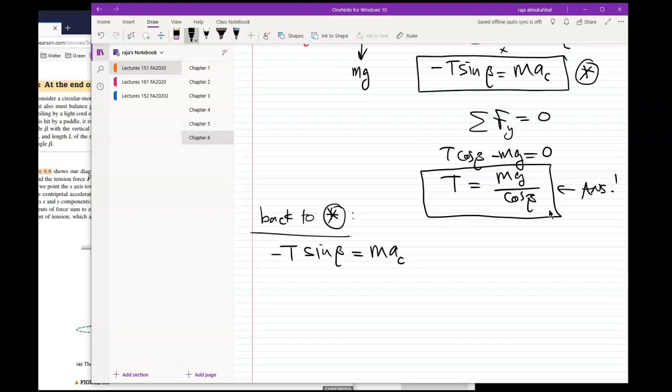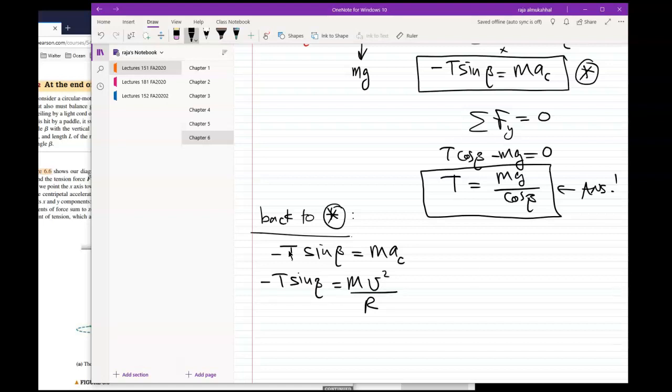Now, let's say I want to get an explicit expression for a sub c. I want to keep this T right here. So in this case, I'm going to have minus T sine beta equals m v squared over r, right?